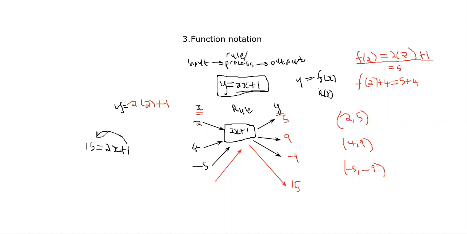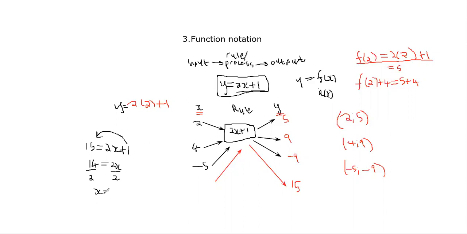The 1 goes to that side and becomes negative, so it will be 15 minus 1, which gives you 14, which is equal to 2x. Then you divide by 2 on both sides, and you find that x is 7.